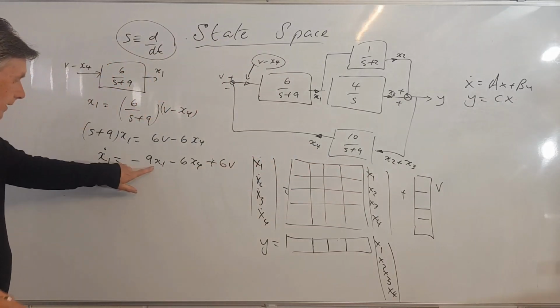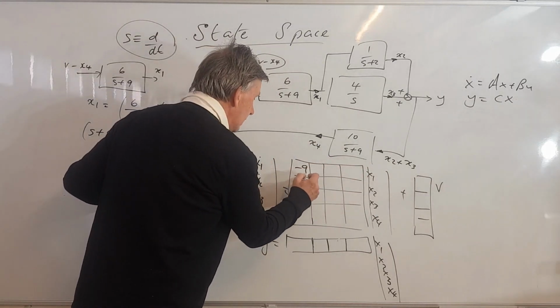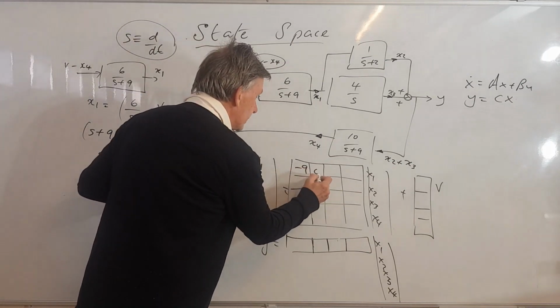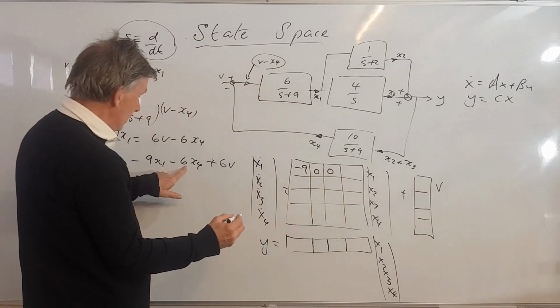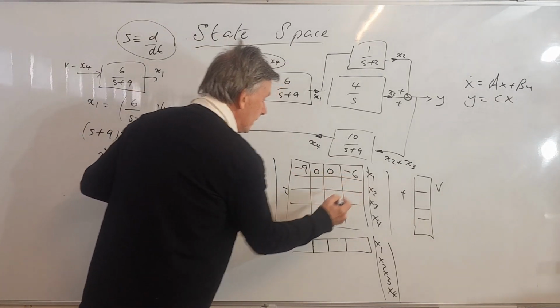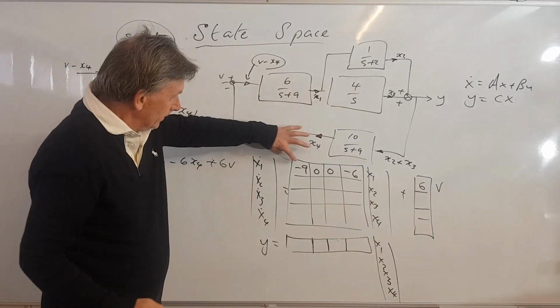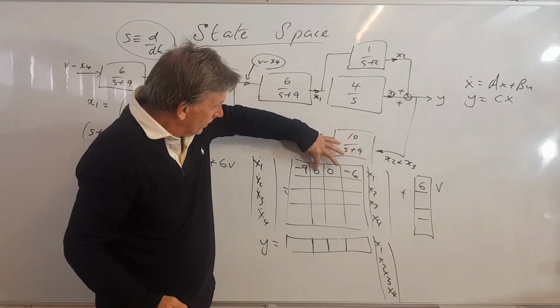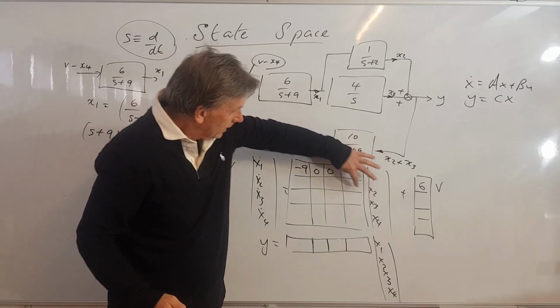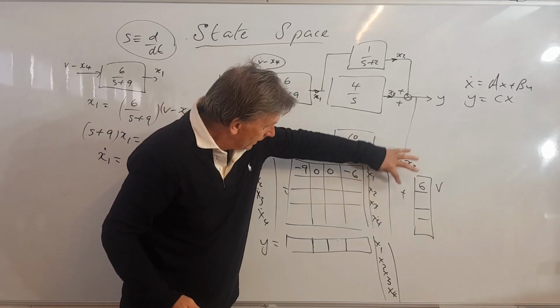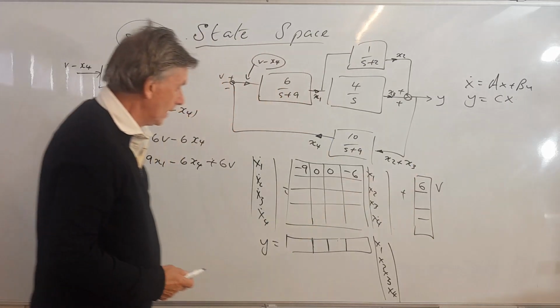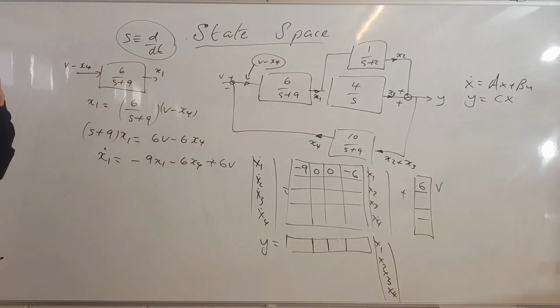So x1 dot is minus 9 times x1, no x2s, no x3s, minus 6 x4s and 6V. This is saying this is that times that, plus that times that, plus that times that, plus that times that, plus that times that. And there's our first bit of the state space completed.